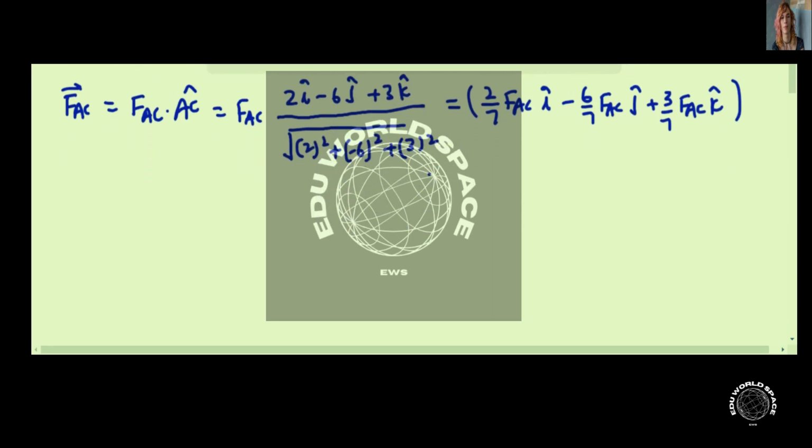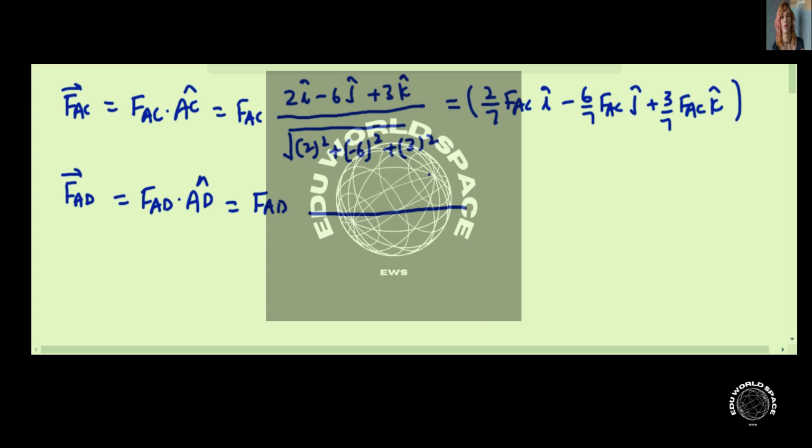Now force AD would be FAD times the AD unit vector. We will form the AD vector and divide by its magnitude.